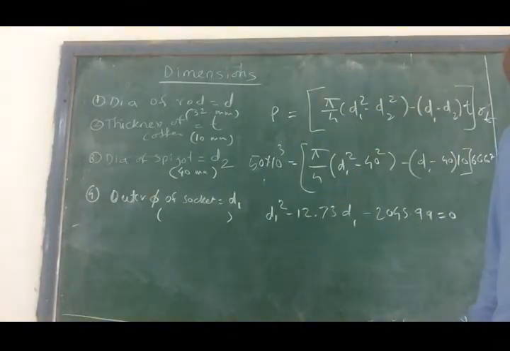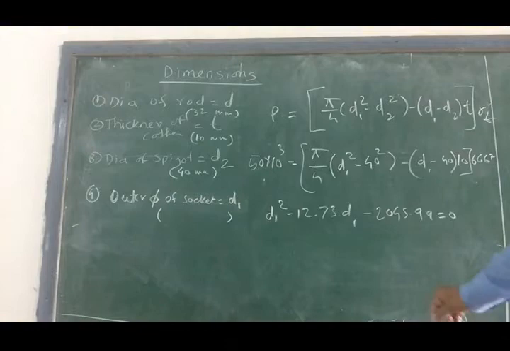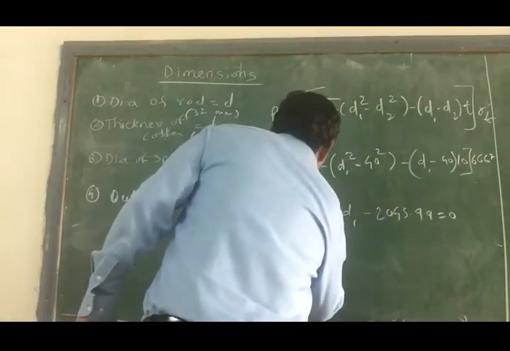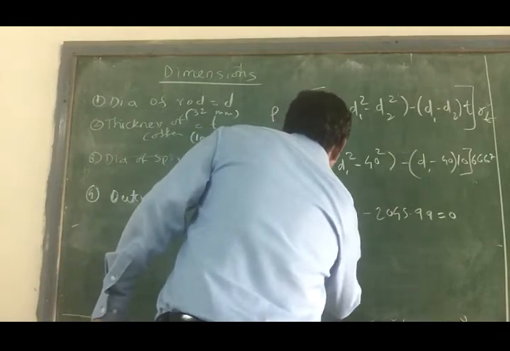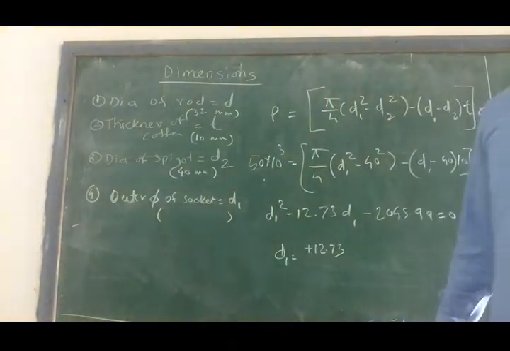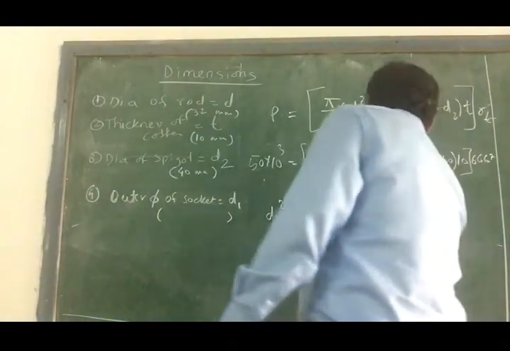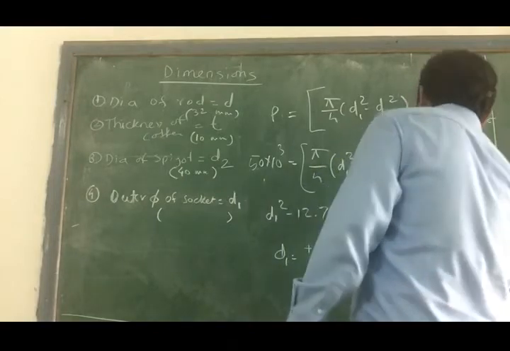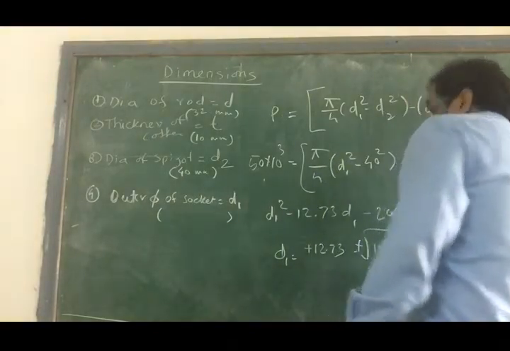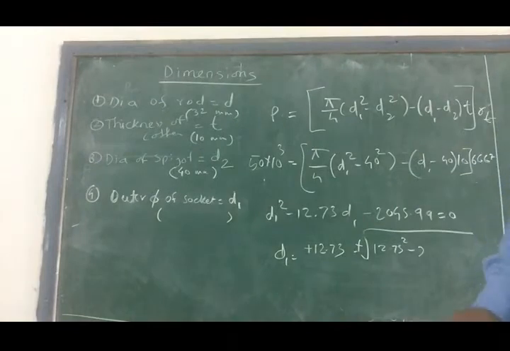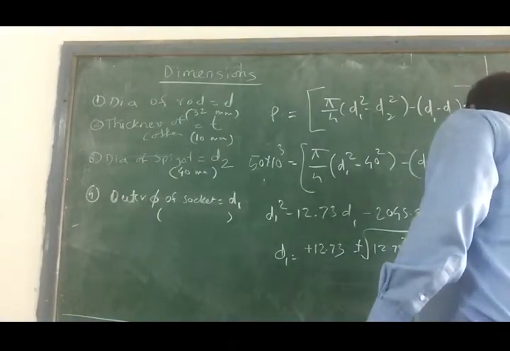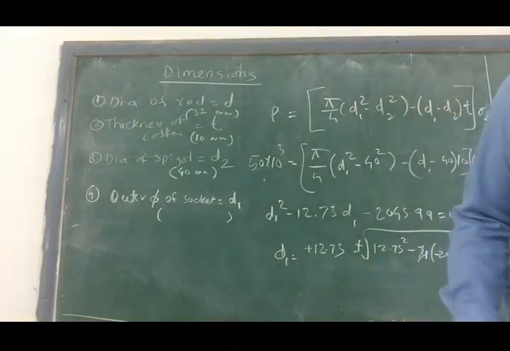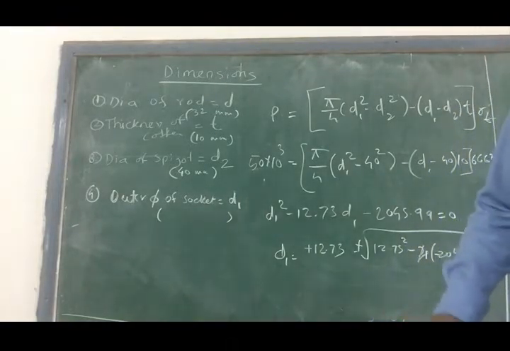Now how to solve this equation? It will be minus b plus or minus root of b square, 12.73 square, minus 4ac, minus 4 into a into c, 2045, where a is 1, divided by 2a.